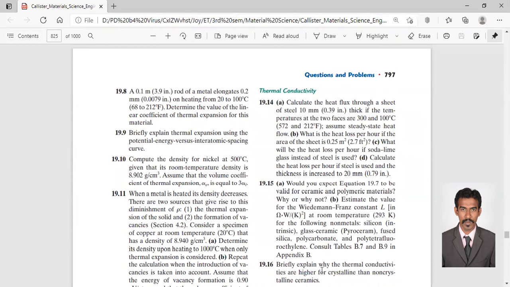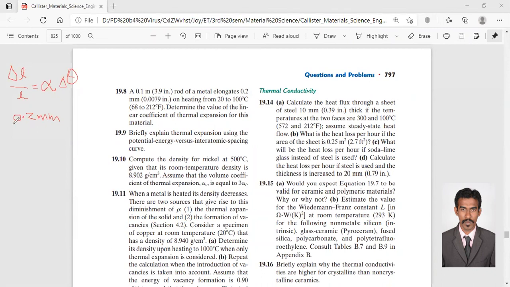The equation you know: delta L upon L is equal to alpha into delta theta. Delta L is a change, given as 0.2 millimeter, so I'll put it in millimeter.